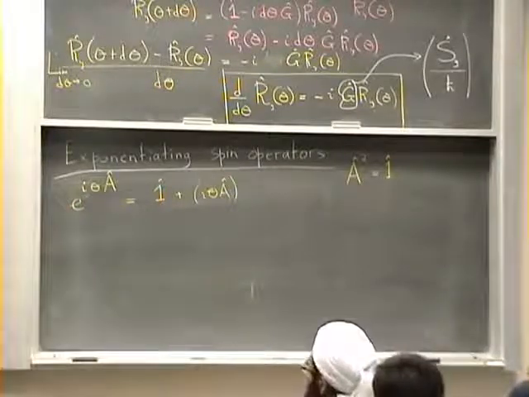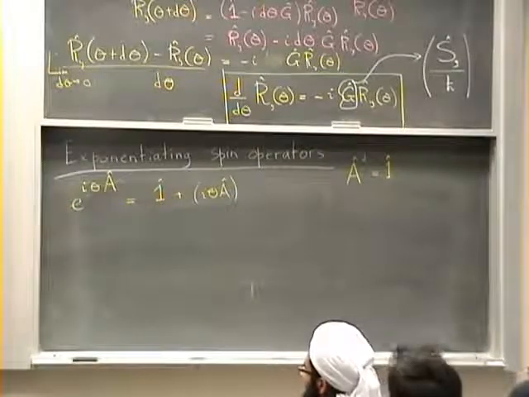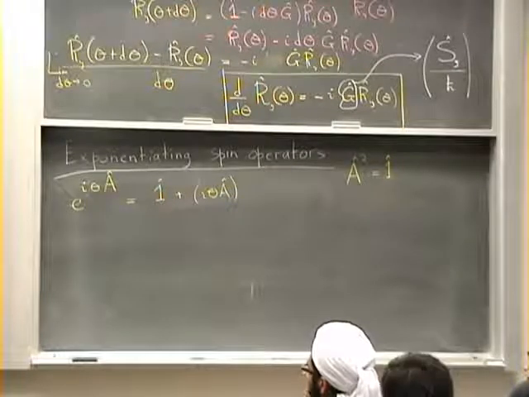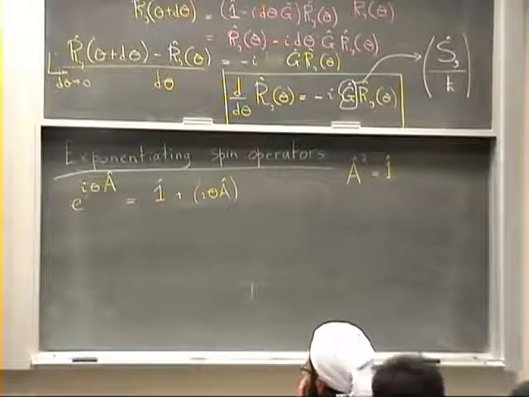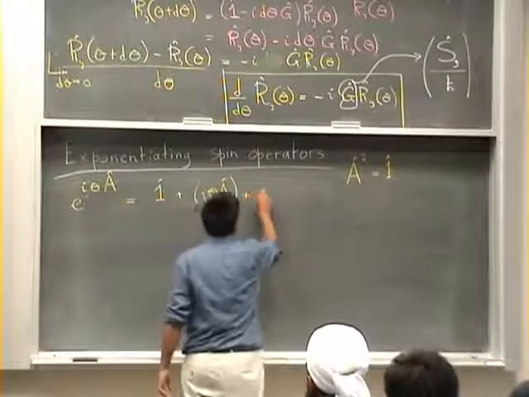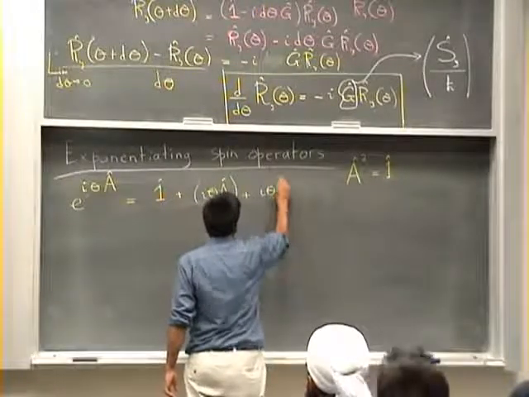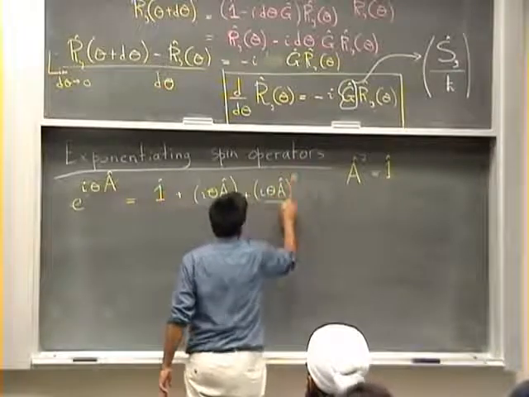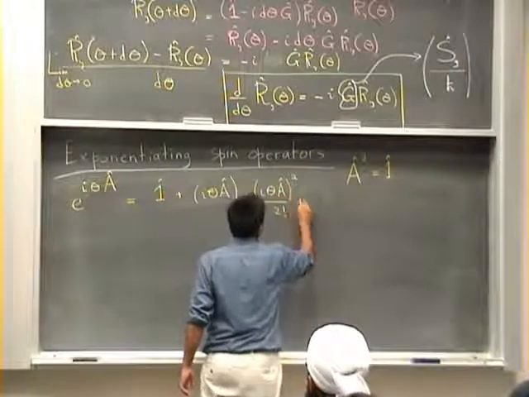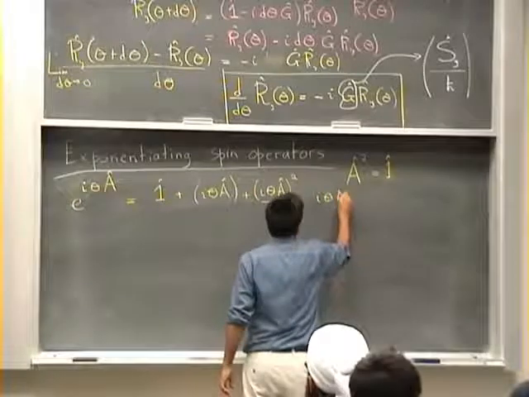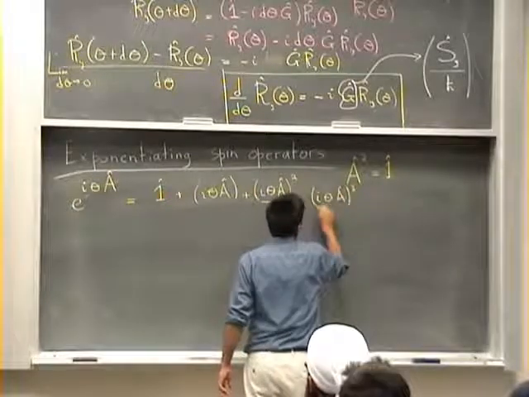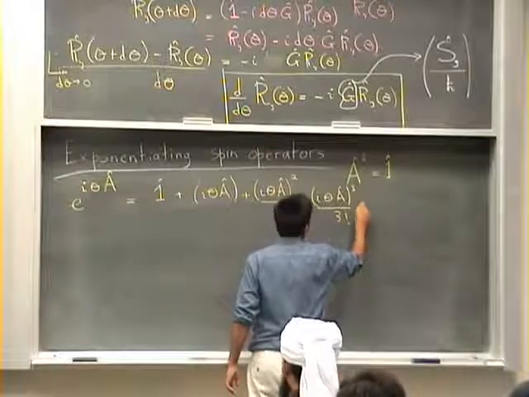I'm just using this formula. So now I have some scalar here. So the operator is the scalar times the operator itself. So I theta A plus I theta A squared over 2 factorial plus I theta A cube over 3 factorial and so on.